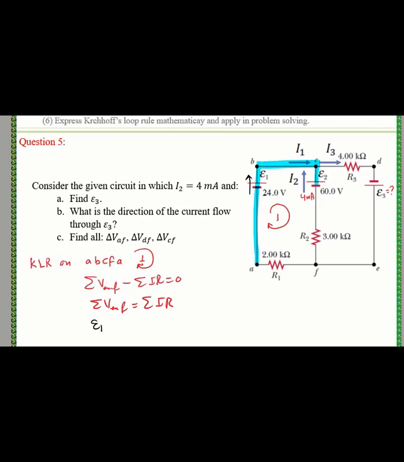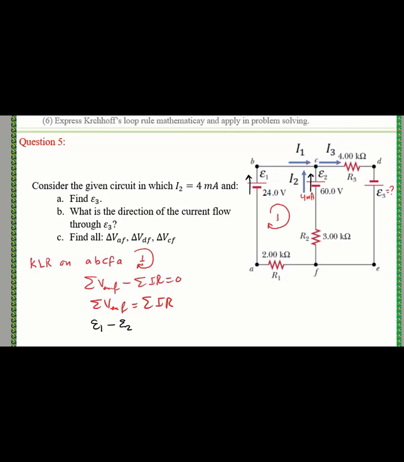From C to F, we have a battery, which is epsilon 2, but it is against us because we are going from C to F and the direction of the electromotive force is up from F to C. So it is minus epsilon 2. Now from F to A, there is no battery. So we are finished with the power supplies.